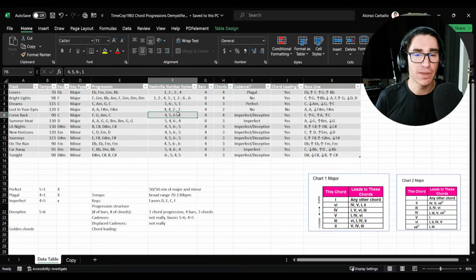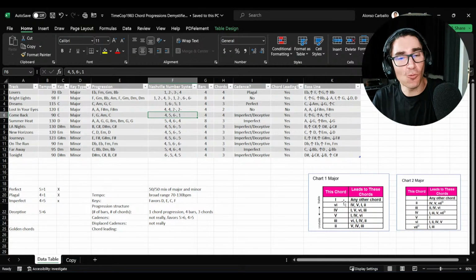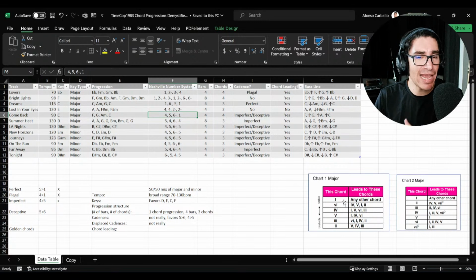You don't always have to use the 4 chords in a progression. You could only use 3, you could only use 2, you can use them all 4, but practically any combination of these 4 chords is going to sound fine, because again, they chord lead one into the other in any combination.